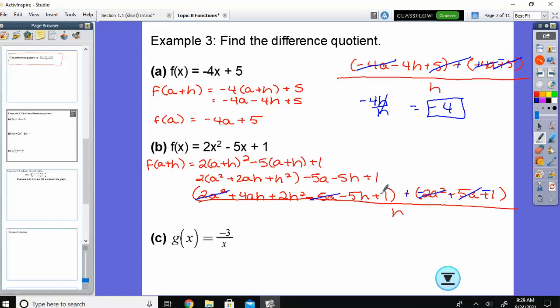Negative 5a and positive 5a drop out. Positive 1 and negative 1 drop out. Everything that we're left with on top has an h in it, so we could cancel an h out of everything. So my final answer is 4a plus 2h minus 5.